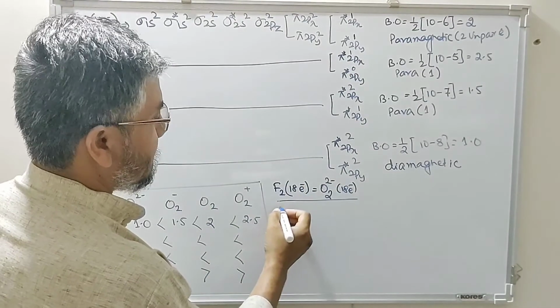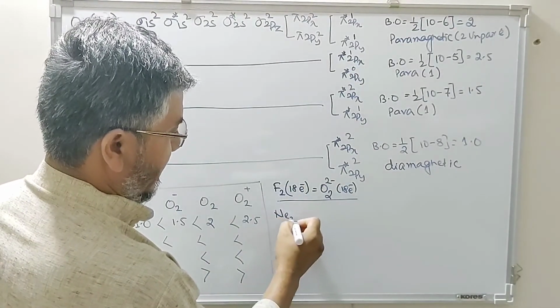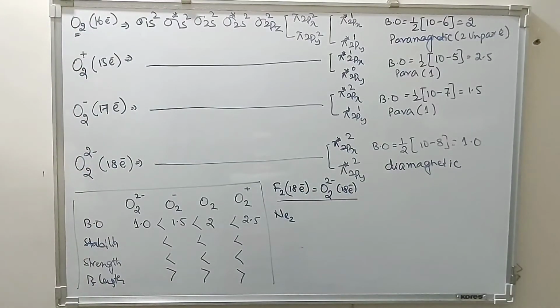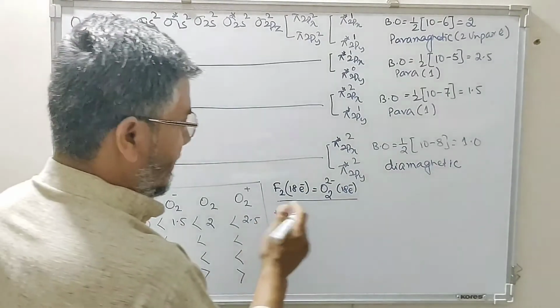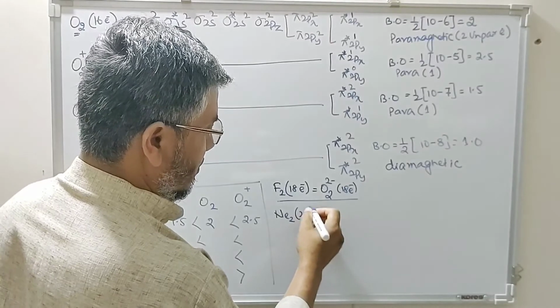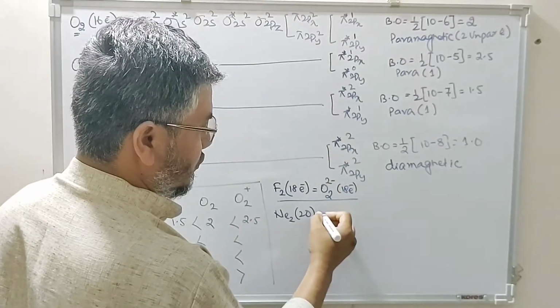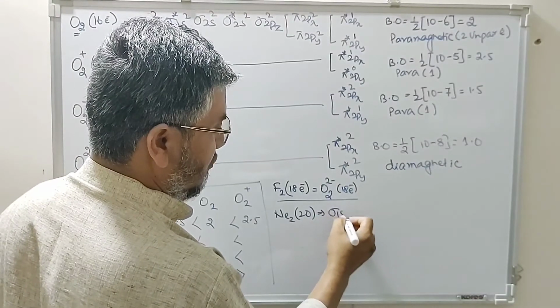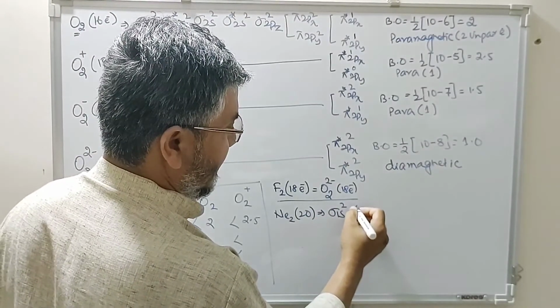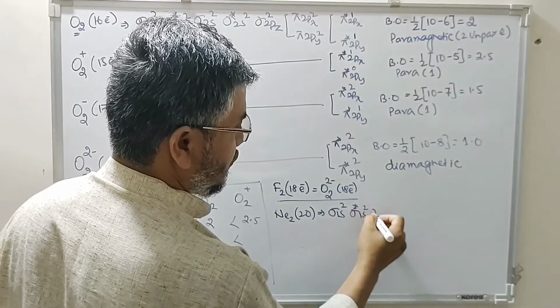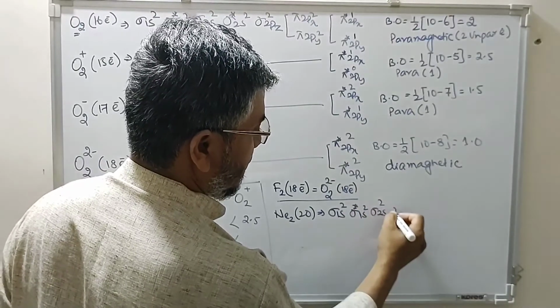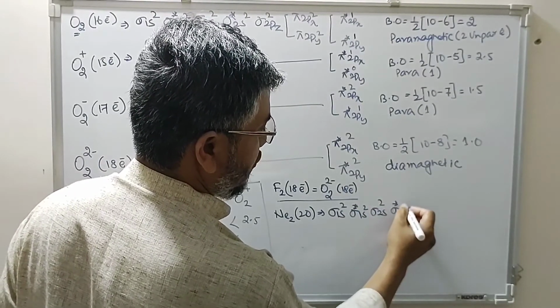Take Ne2, neon atomic number is 10, 10 into 2 is 20. So we have 18 plus 2. The electronic configuration is sigma 1s2, sigma star 1s2, sigma 2s2, sigma star 2s2.